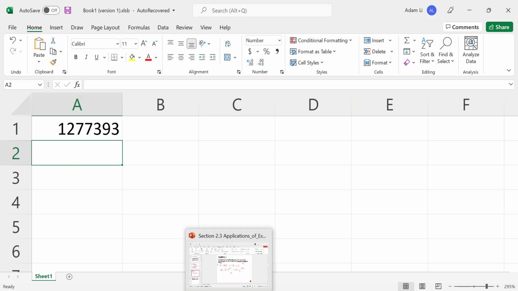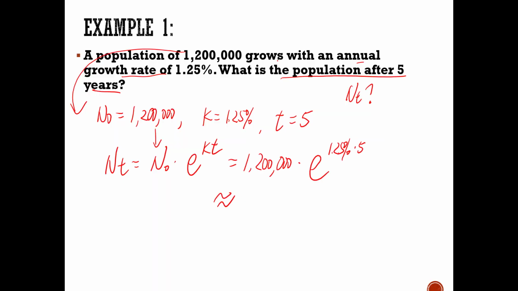And that's the population after 5 years. So this is 1,277,000 and then 390. That means the population after 5 years is 1,277,393.